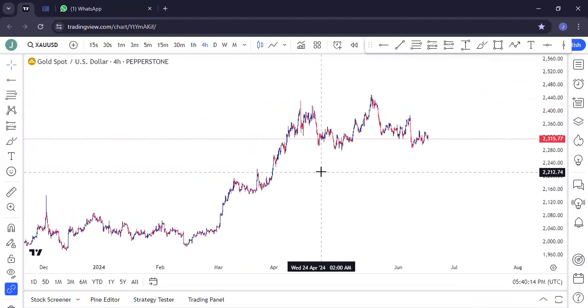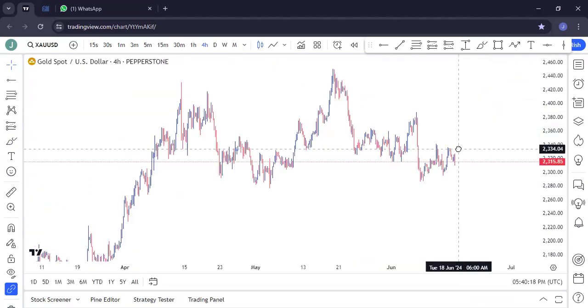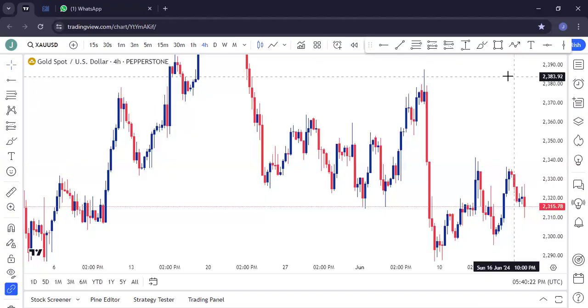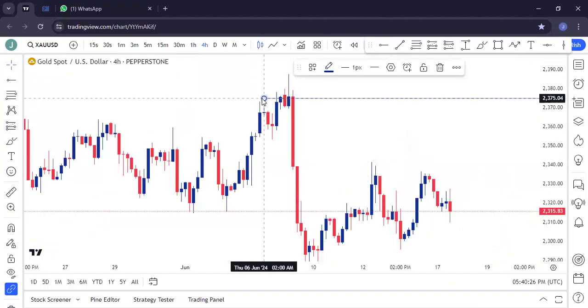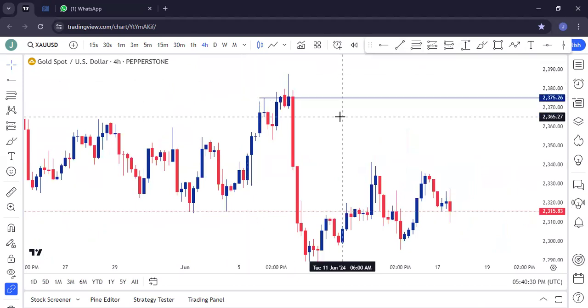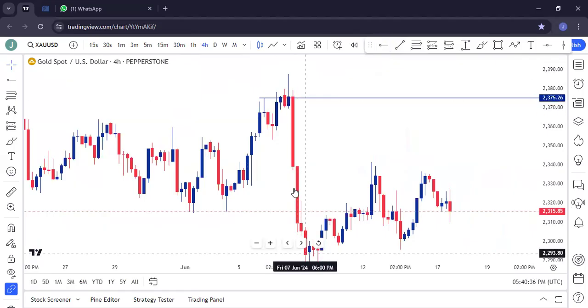Let's find the structure of 4 hour. Even here, look here. So this was our 4 hour structure. This one here is our 4 hour structure. So the price has broken. Now look, you can even see yourself what the price did here.